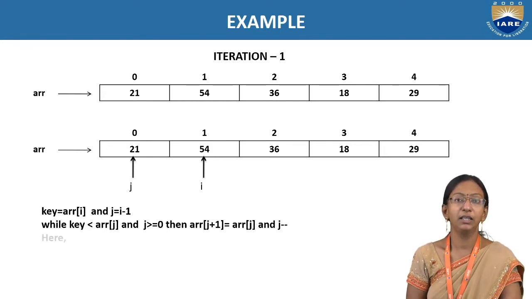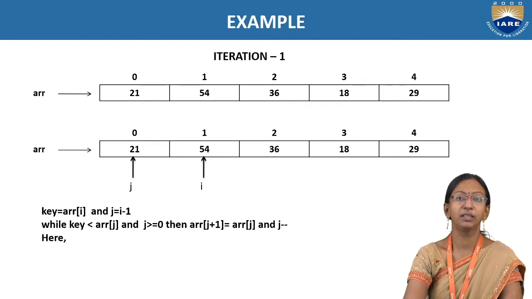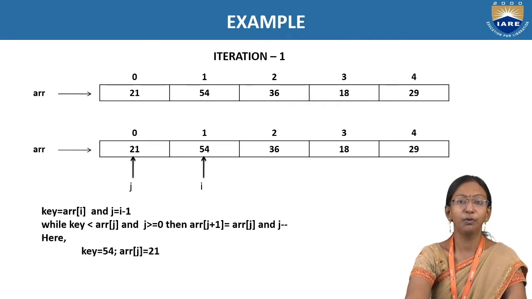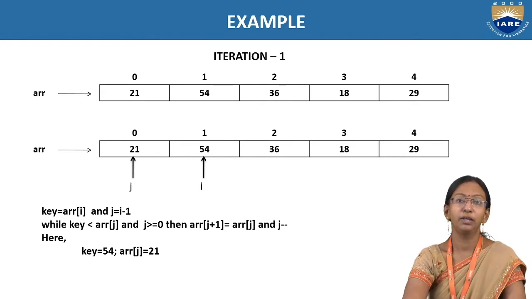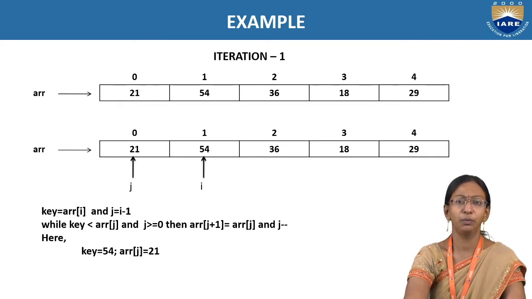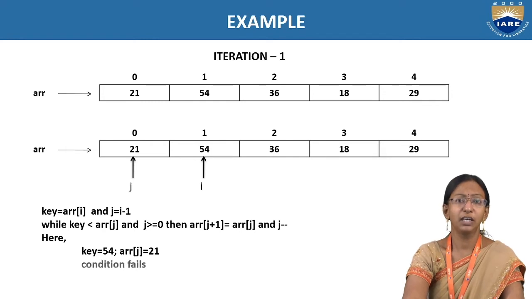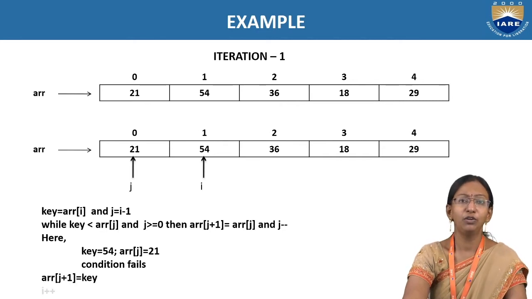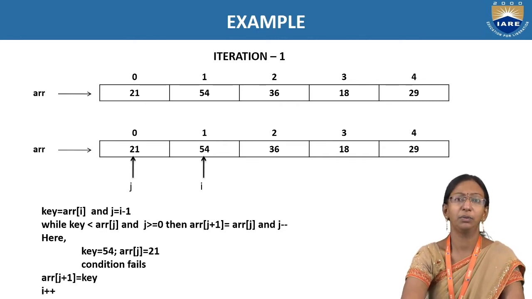Have a look at this scenario. The key value is 54 and the value pointed to by j is 21. So compare between these 2: is 54 less than 21? No, the condition failed. As the condition failed, the loop gets broken and the value of i will be incremented.